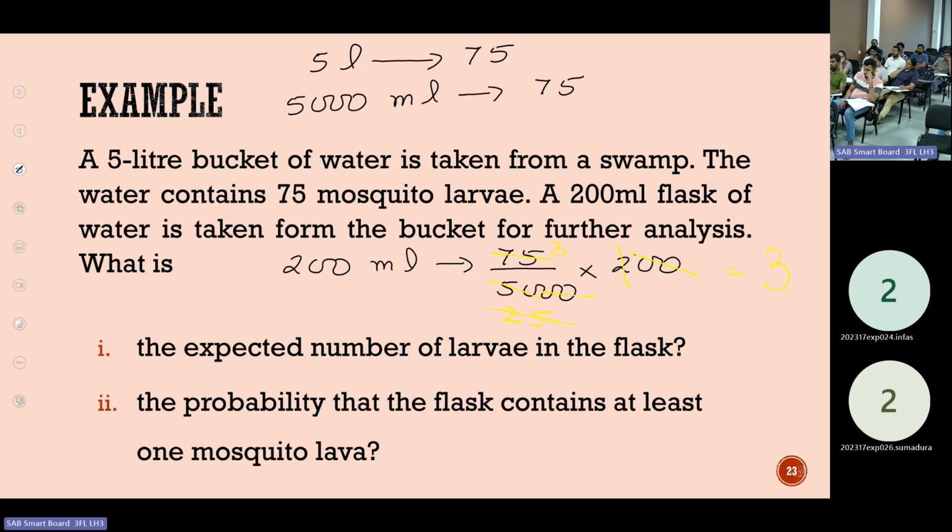But if we define it that way, it doesn't fit into any of the models. The flask, what is the volume? 200 milliliters. So instead of saying flask, number of mosquito larvae in 200 milliliters. Then it fits into the second block.